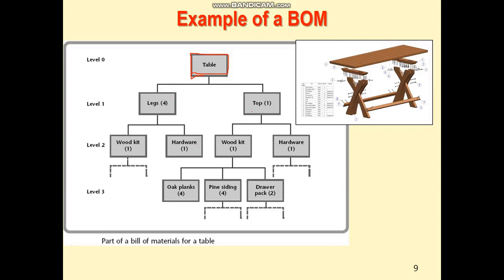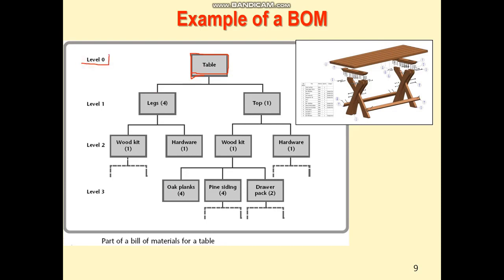And the same, to produce one top, we need one wood kit and one hardware. And to produce one wood kit, we need the oak planks, the pine siding, and the troll peg, and so on and so forth. So this figure is a part of the BOM for a table.